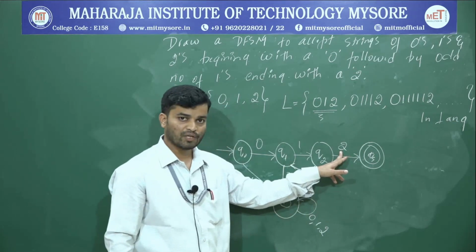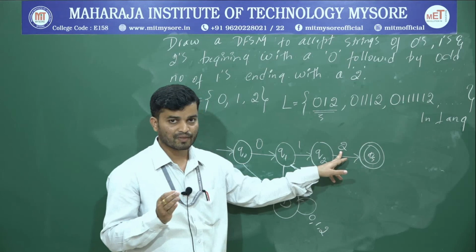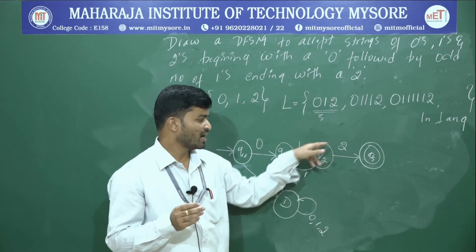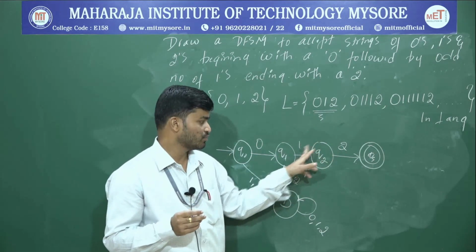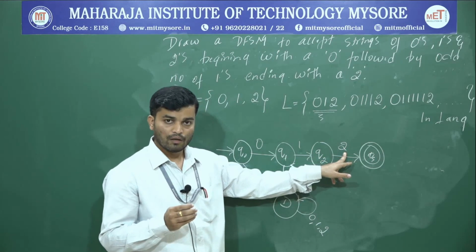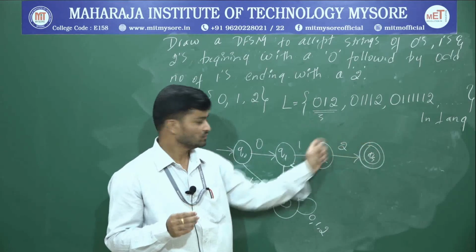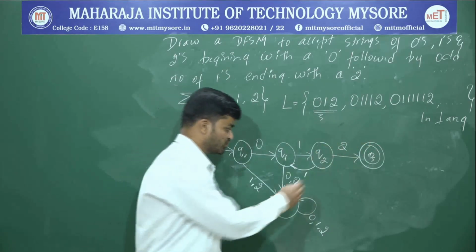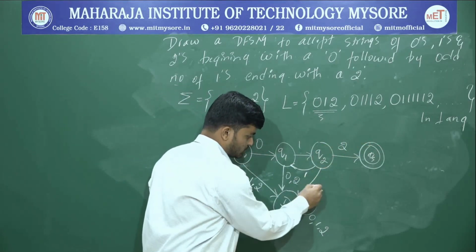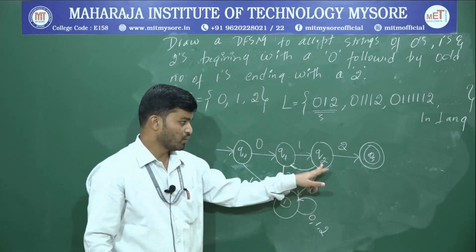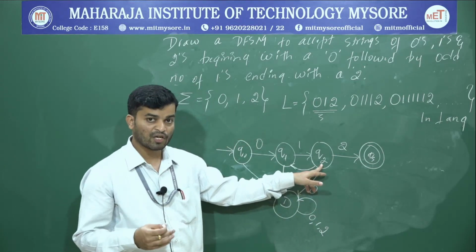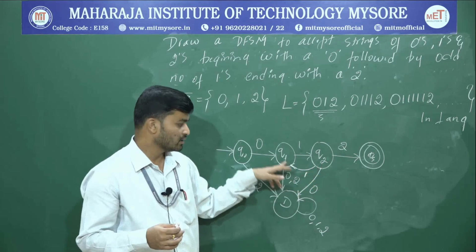In Q2 there is a path for 2. Now to give paths for 1 as well as 0. For 0 I can't do anything. Why? Because after 1 it should be exactly 1 2. So if I connect anywhere, after 1 I will get 0. Therefore for 0 you can connect to the dead state. And for 1, since I want an odd number of ones, I will connect here.